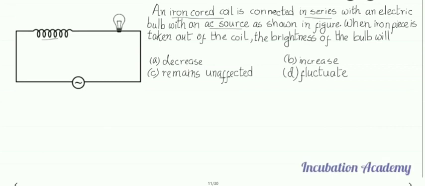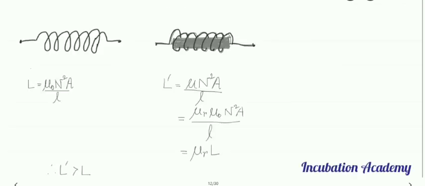So let us first discuss what we have learned. This is an air core coil, that means simply a winding is there, and the inductance of this coil is L equal to mu naught N square A divided by l, where mu naught is the free space magnetic permeability.